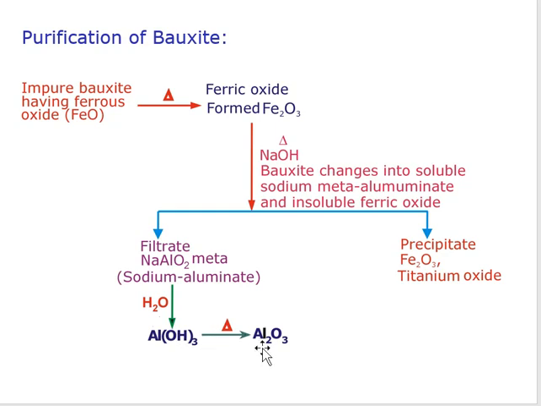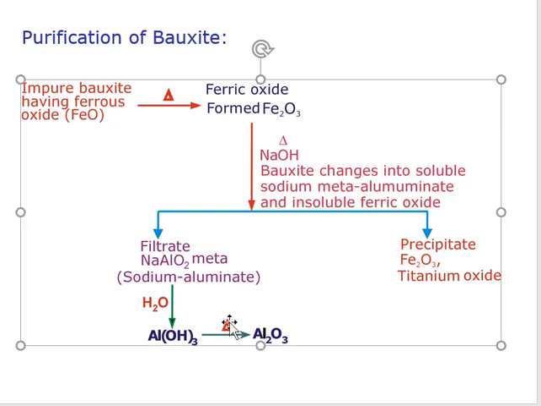This aluminium hydroxide, on heating, gives Al2O3. So in this process we obtain alumina from bauxite.